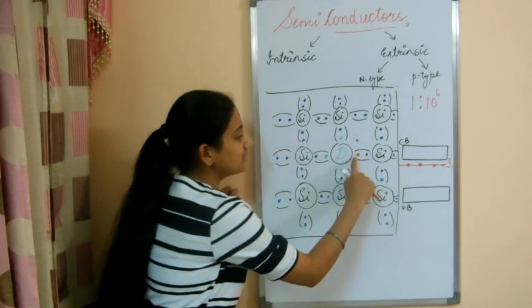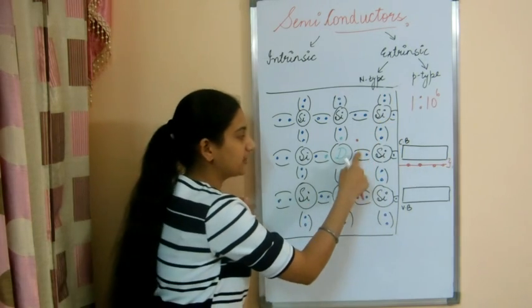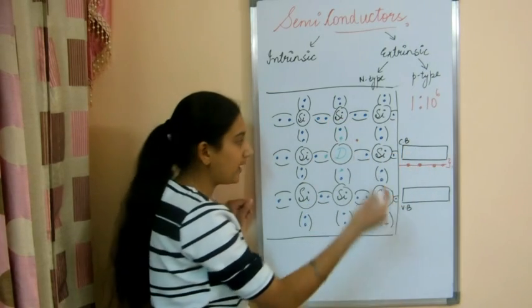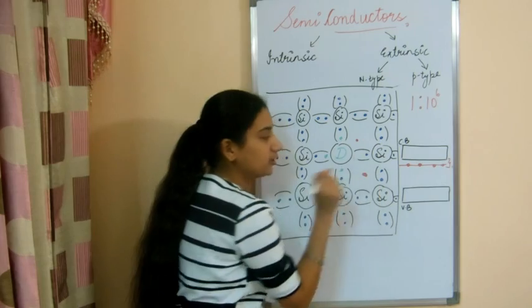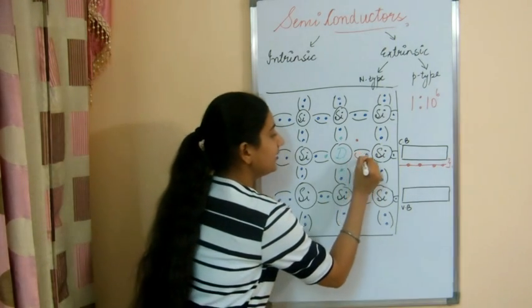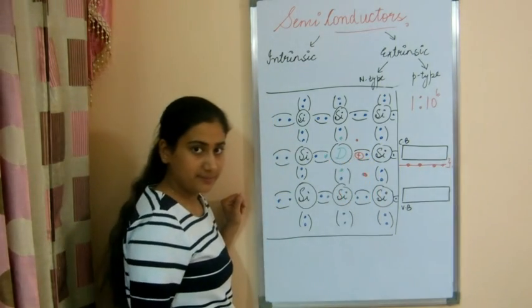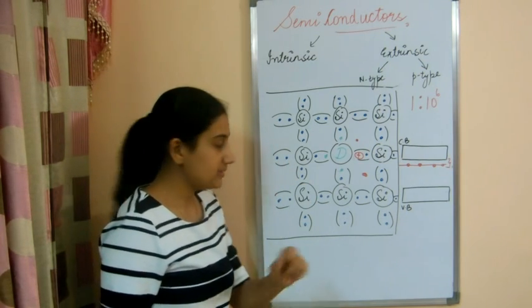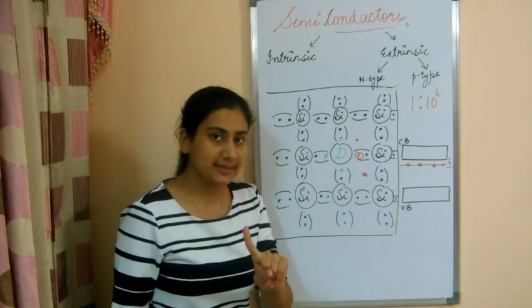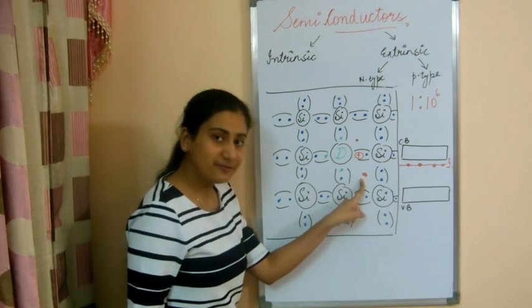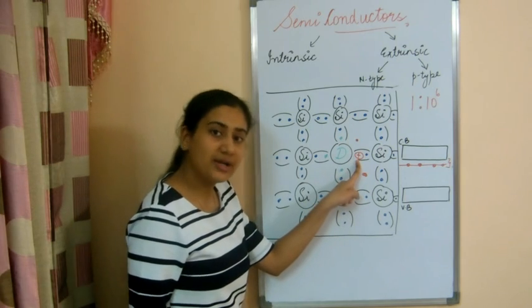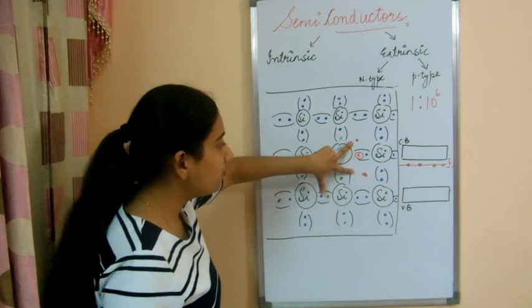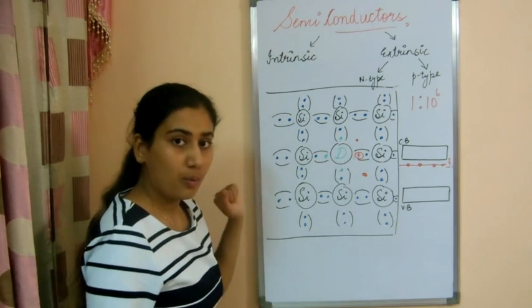Suppose this electron gained the energy and jumped to the conduction band. So we get a free electron here also, and correspondingly a hole is generated. One thing we have to keep in mind is that in an intrinsic semiconductor, if we had one free electron, we had one hole. But here we have two free electrons but one hole.